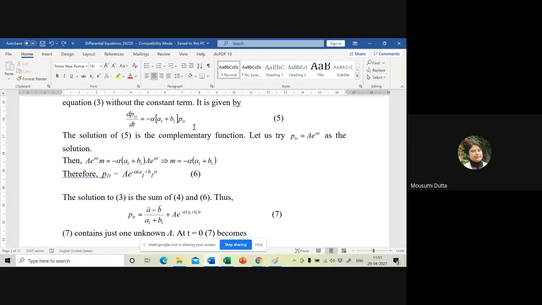Whereas in case of a differential equation, we consider the economic variable, say P1T, or it can be YT, it can be UT, it can be inflation rate, it can be anything, equal to a constant into e to the power mt. So the principle for solving the differential equation when the complementary function appears is to consider it in this way.